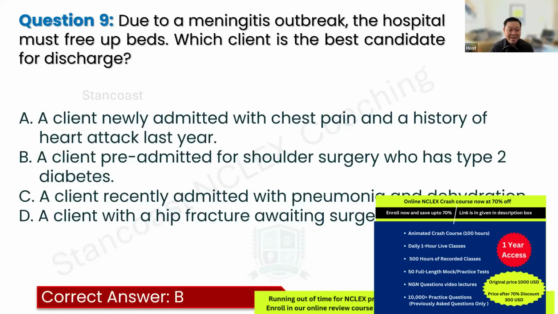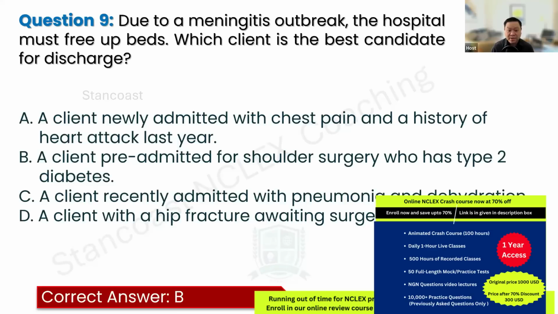While letter A, this patient who has chest pain is at high risk of further cardiac complications, making them inappropriate for early discharge. And C is also incorrect because pneumonia and dehydration require close monitoring and also nursing care, indicating the client's need to stay in the hospital.